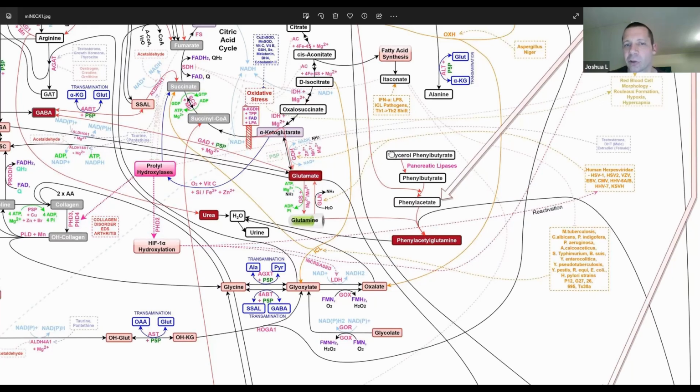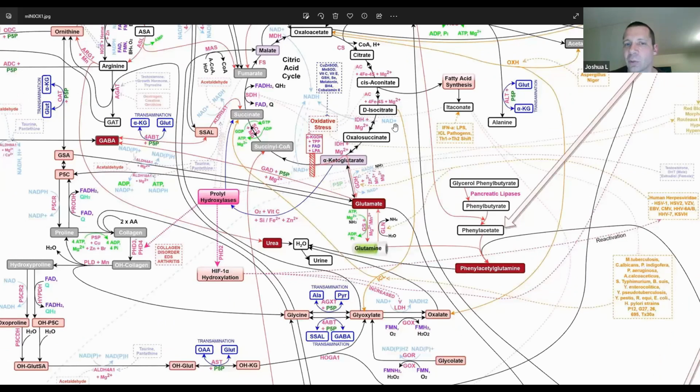And I can see a logical reason for it to do that too, because ultimately what it does is shut down succinate dehydrogenase.